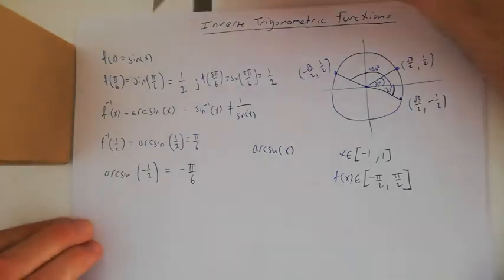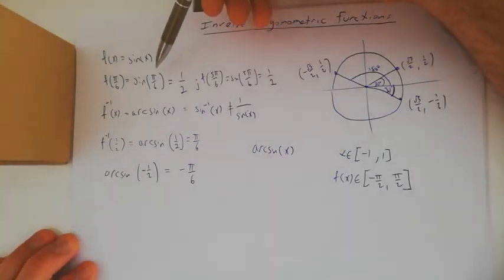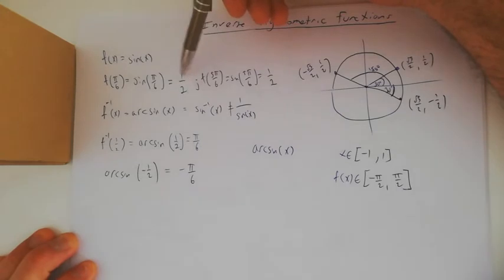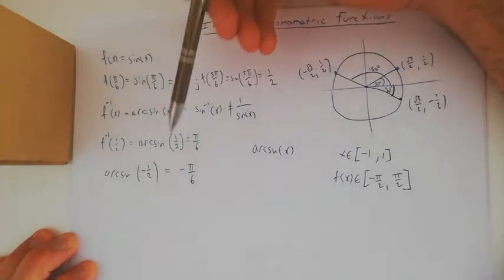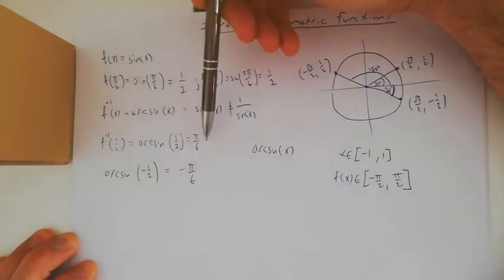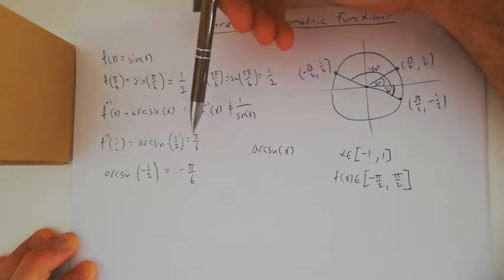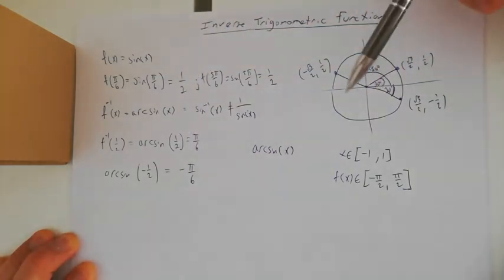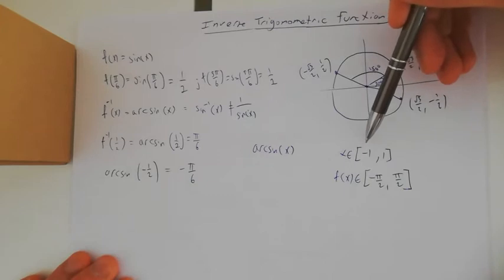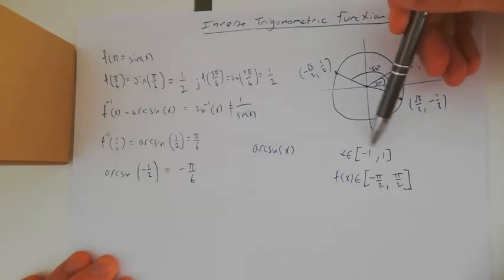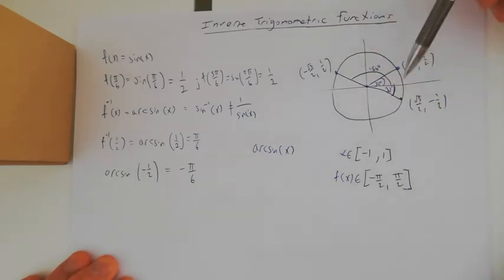Pay attention that sine of x, you give it the angle, it gives you the y coordinate in the unit circle, where arc sine of x, you give it the y coordinate in the unit circle, and it gives you the angle. Therefore, the y coordinate in the unit circle goes between minus 1 and 1, and the angle between minus pi over 2 and pi over 2.